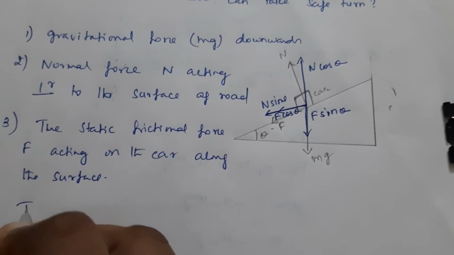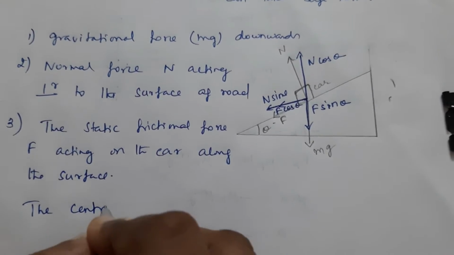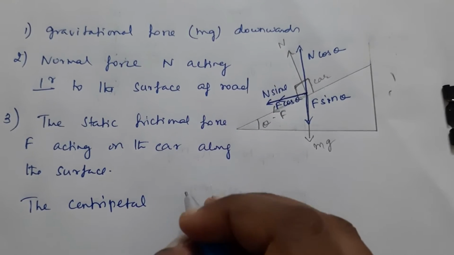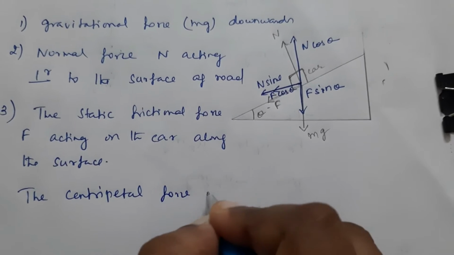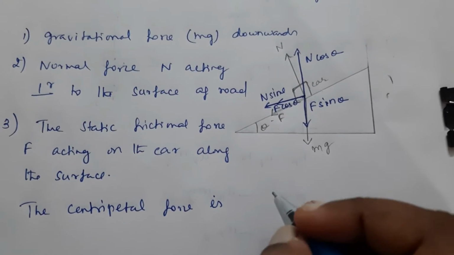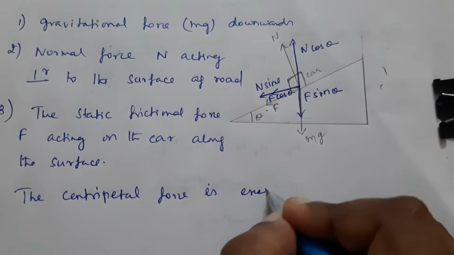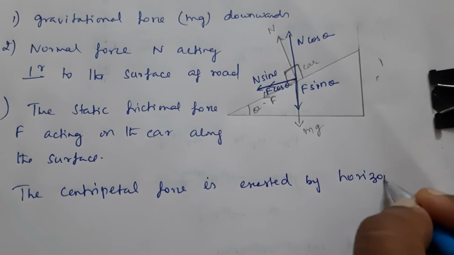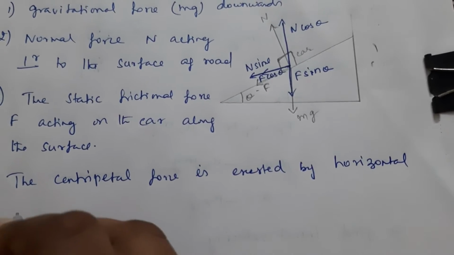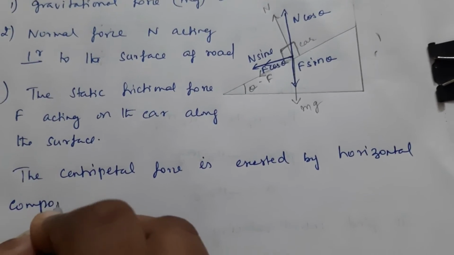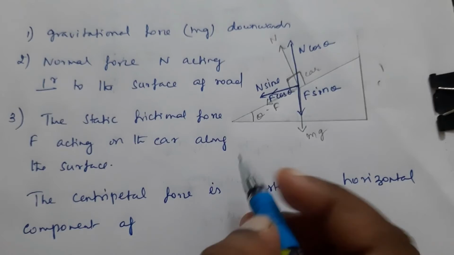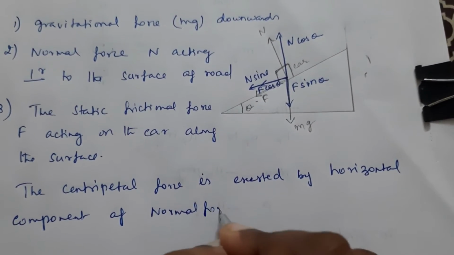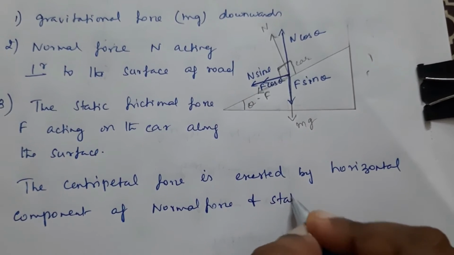Now the centripetal force, because when the car is taking a turn in the curve, it possesses centripetal force. The centripetal force is exerted by the horizontal component of these two forces, that is normal force and static force.